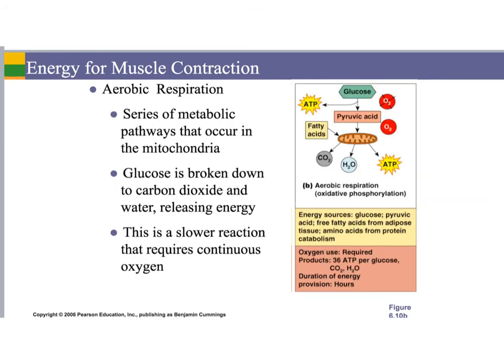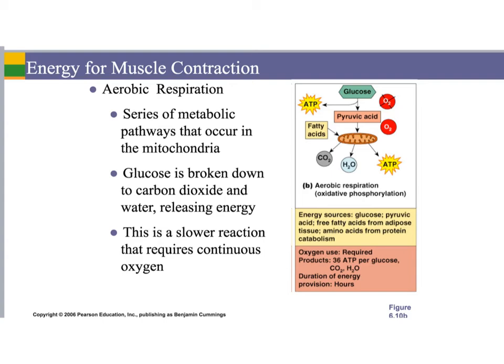And then this next one, this one is the one that you'll probably remember from biology. This is aerobic respiration. And the first part of aerobic respiration, both aerobic and anaerobic, start out with glycolysis. And glycolysis occurs in the cytoplasm. Okay?